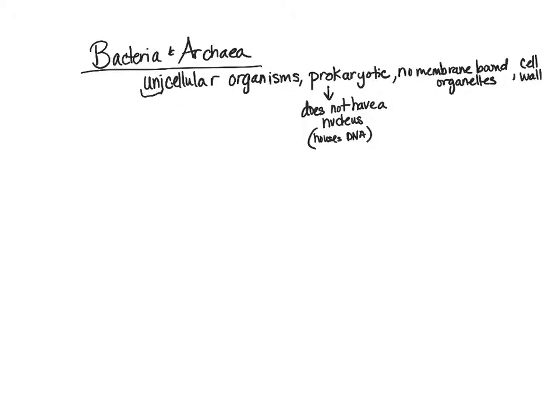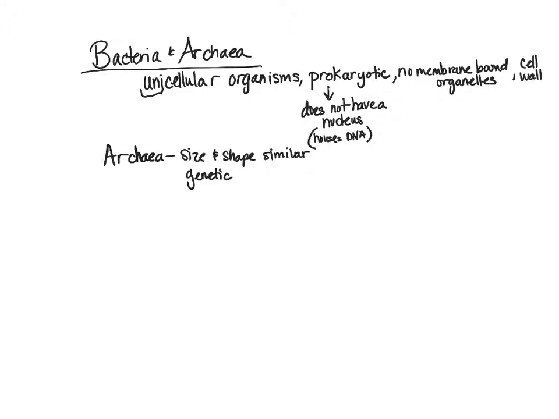Generally, the difference between bacteria and archaea is that archaea are actually very similar to bacteria in both size and shape. But their genetic information is more similar to eukaryotic cells, or animal cells, than to bacteria cells. So they're kind of their own domain. They have their own thing going on there.